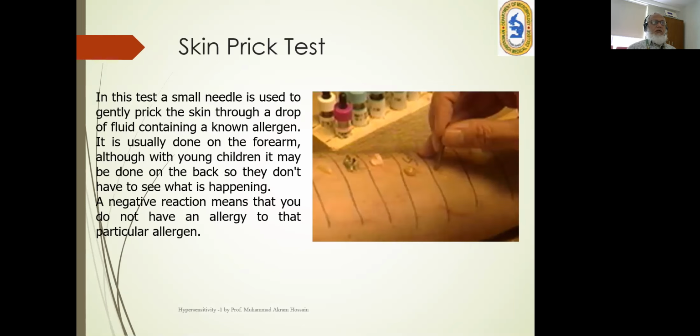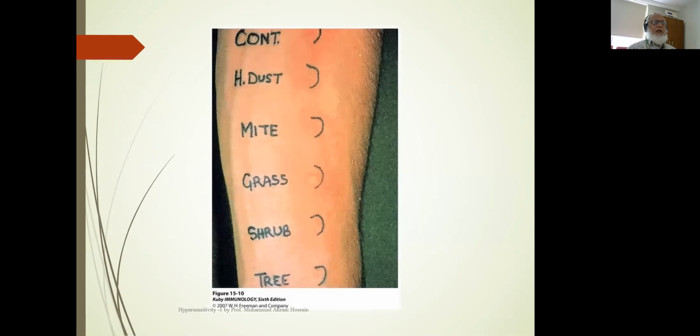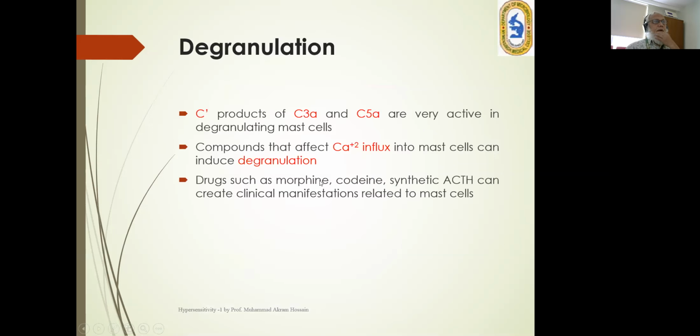By this test, you can detect which allergen is involved in your type 1 hypersensitivity. This is available in Bangladesh in some places. Say here, you can see grass allergen is responsible for type 1 hypersensitivity.